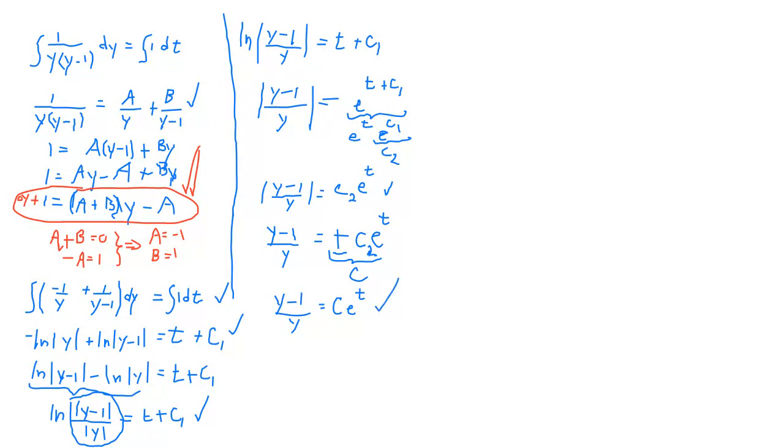All right. Now we have to solve for y. So y minus 1 will equal C e to the t times y.